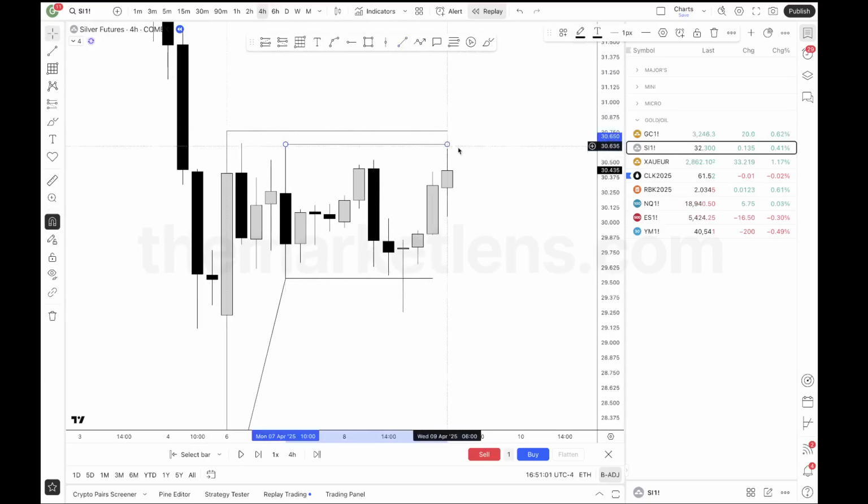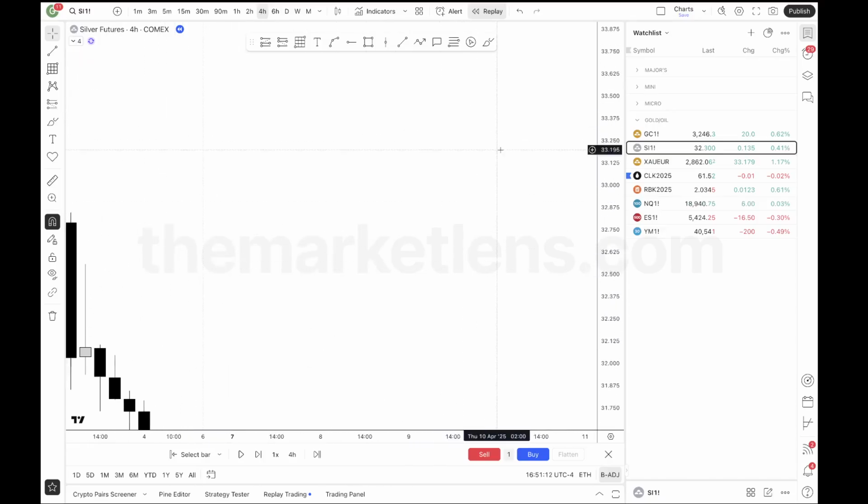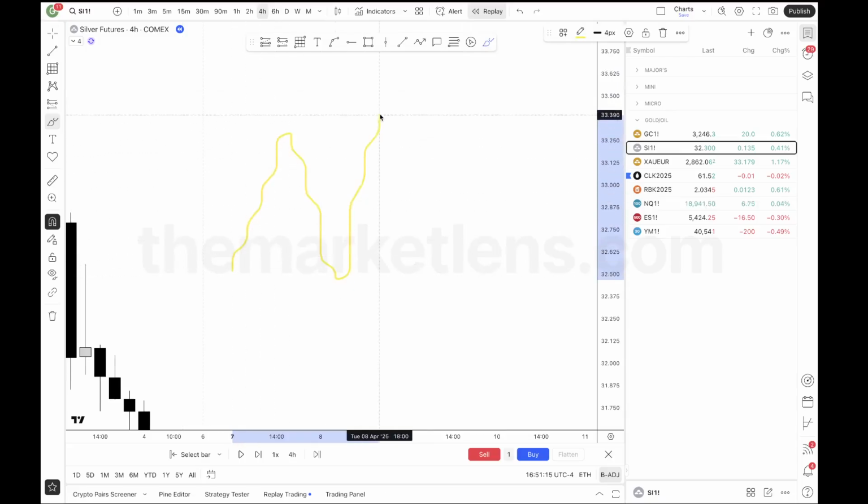And this is another thing. SMTs generally don't look like this, where they reverse from failure swings like this. That's not how you want to see SMTs form. You want to see it like this, right? Where there's no failure swings to the left. It's a relevant swing, because that's where we find reversals from.